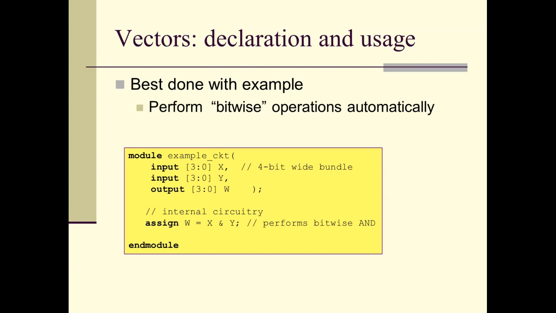Essentially it's taking the 4-bit X vector, bitwise ANDing it to the 4-bit Y vector, and assigning the result to the 4-bit W vector. There's no reason in the world I'd have to use 4 assign statements in this model. I could, but no one ever does that, and you shouldn't do that either.